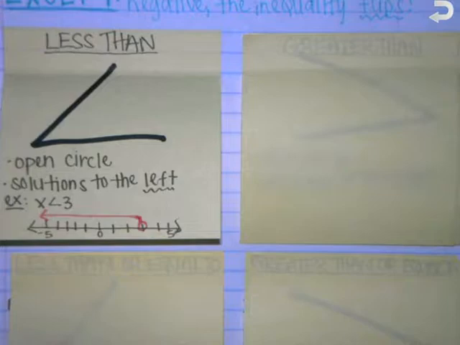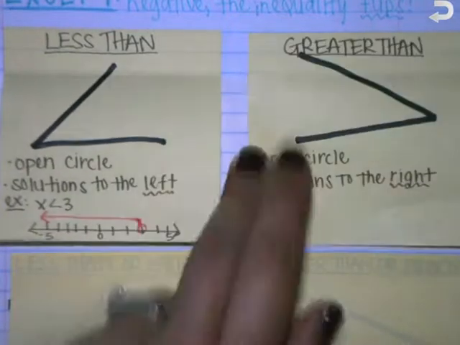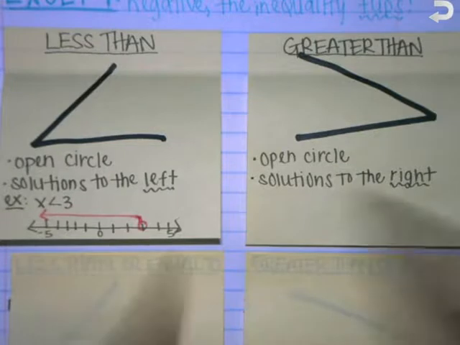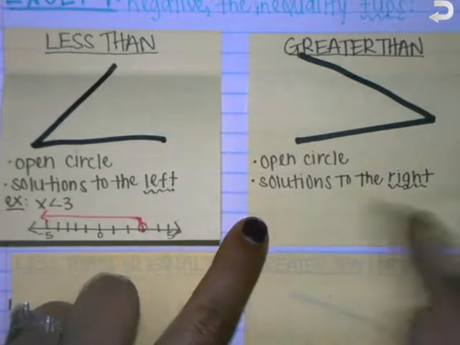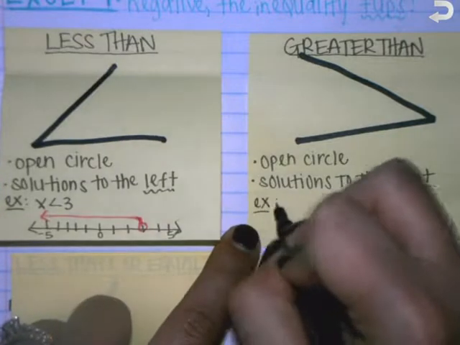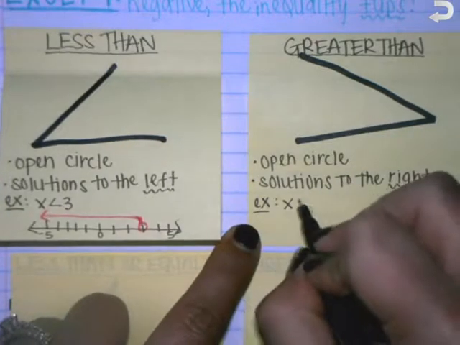So the other kind of inequality that we looked at was greater than. When we graph greater than, we also have an open circle, but our solutions go to the right. So the example we are going to graph is x greater than 0.